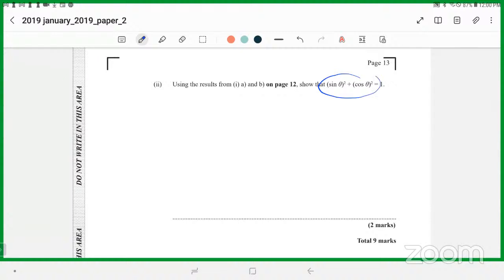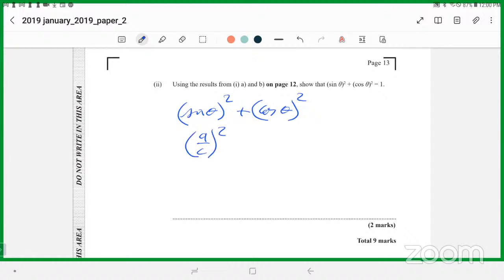We're going to work out this side first. The sine squared plus cos squared. So the sine theta squared plus the cos theta squared. This one was A over C, wasn't it? So this is A over C squared plus, this is B over C, B over C squared, which then becomes A squared plus B squared over C squared.